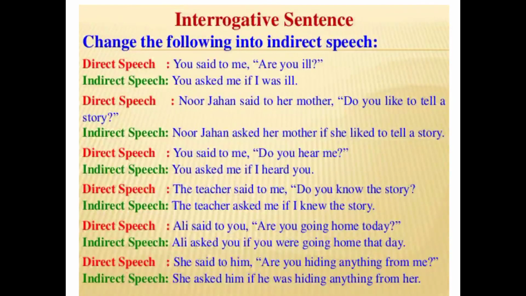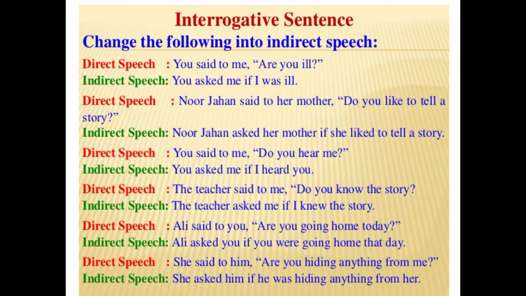Now come to the next thing, what rules do we follow if we get interrogative sentences. In direct speech you can see "you said to me", so "said to" is also coming and "me" is the object in this case. "Are you ill" shows simple present tense. Because it is interrogative, it means we have to understand that somebody is asking the question. So "you said to me, are you ill": somebody is asking, so you have to change "said to" into "asked".